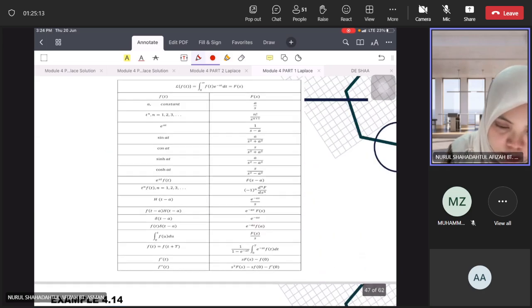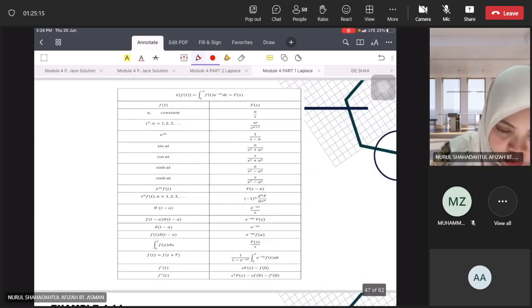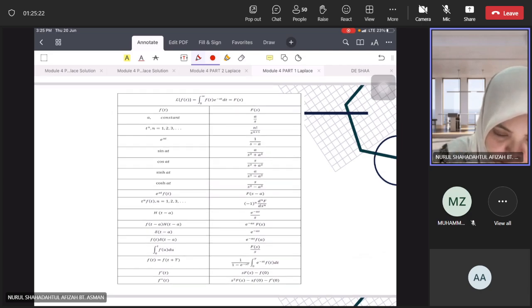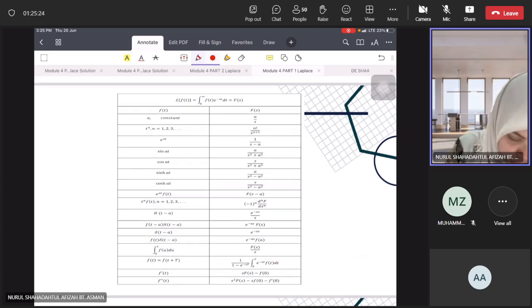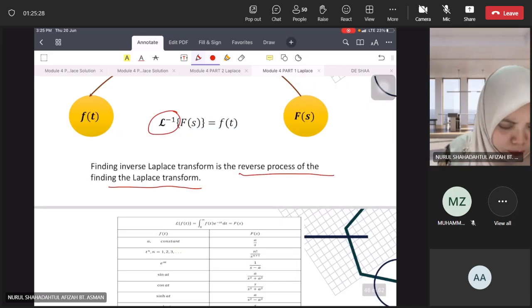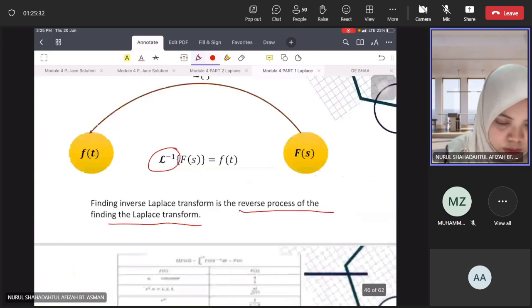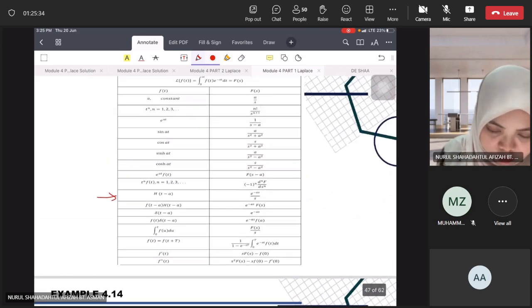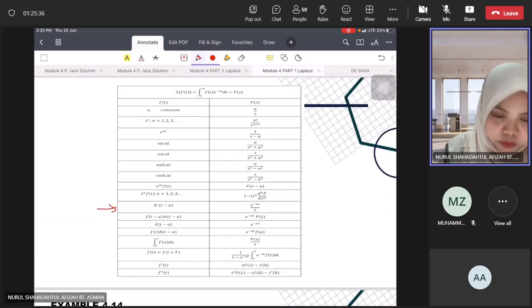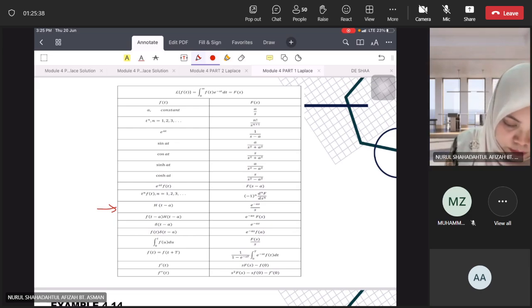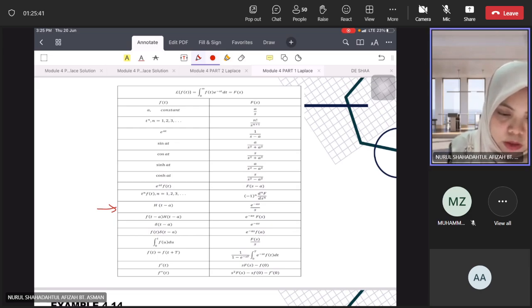So we have another table here for the inverse. Yeah, this is the complete one, because this also has the second shift property. Yeah. So you can refer to this table.